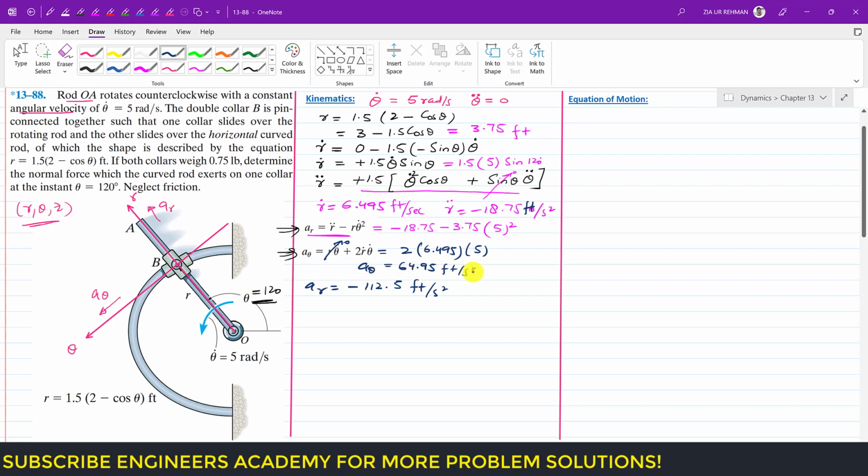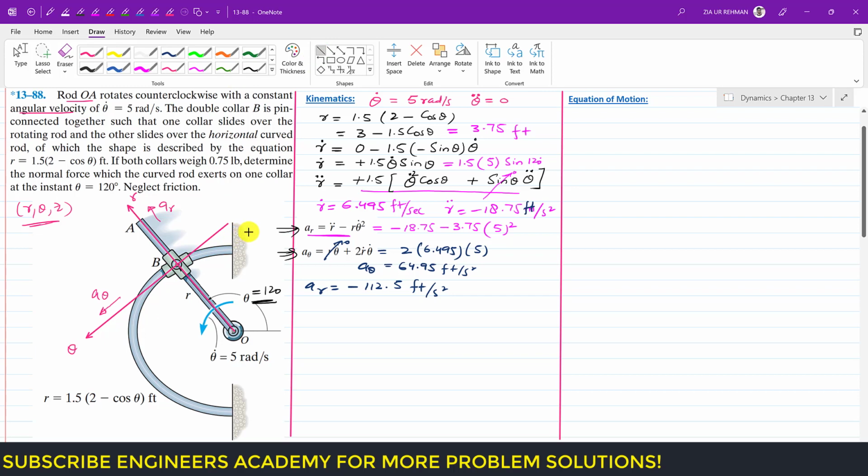Now we know the acceleration value in the theta direction and in the radial direction. The negative sign means that the acceleration is acting inward. Since we need to find the normal force which this curved arm applies on this collar, we have to represent that force. That normal force will be acting perpendicular to the tangent at this particular point to this curved arm. Let me draw that tangent line.